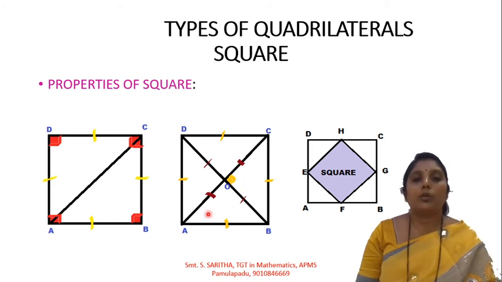If you draw the two diagonals in a square, the two diagonals are equal and bisect each other perpendicularly. Also, if you join the midpoints of the sides of a square, the figure formed is also a square.